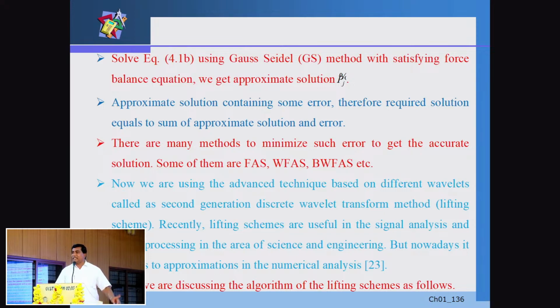What this lifting scheme does is in the restriction operator, going from finer to coarser. Suppose your interval is 0 to 1, and by taking the step length 0.001, you divide it, its matrix size is 1000 cross 1000.